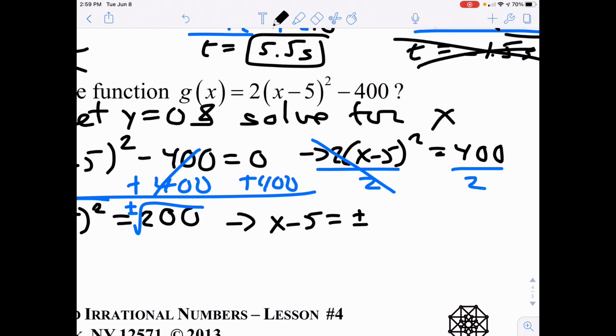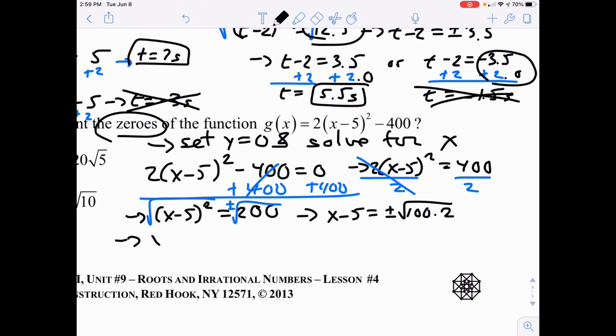Now, the largest perfect square that divides into 200 would be 100. So this is the same as 100 times 2, which would be the same as x minus 5 is equal to plus or minus the square root of 100 times the square root of 2. Then take the square root of 100, and we get x minus 5 is equal to plus or minus 10 radical 2.